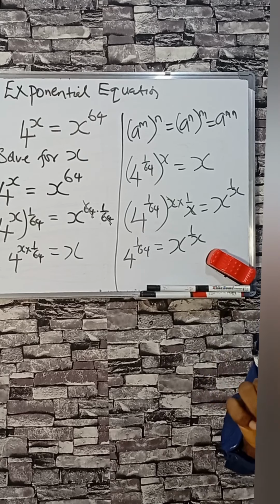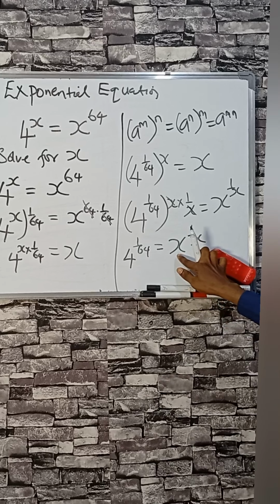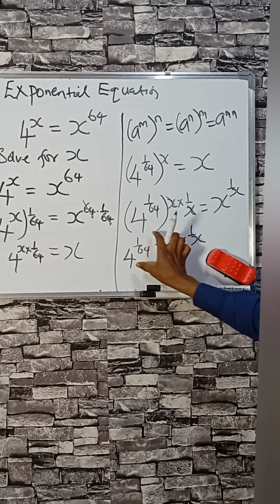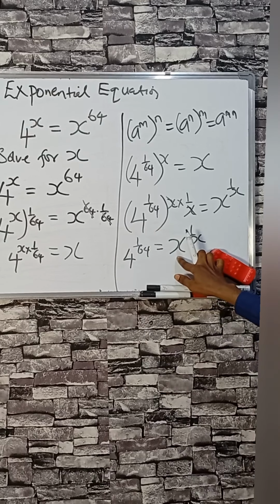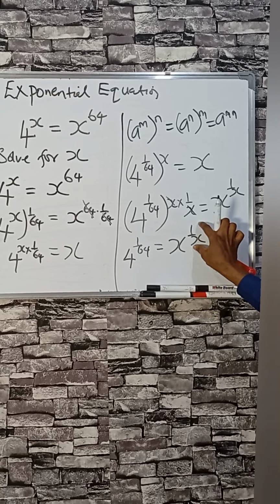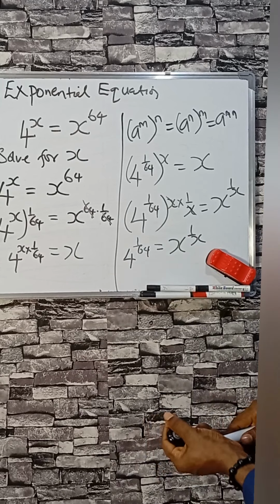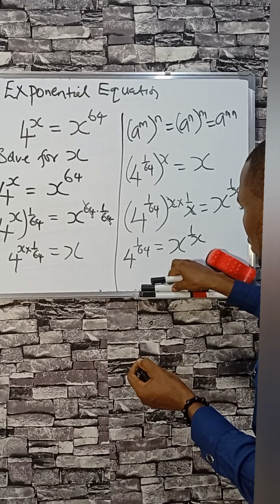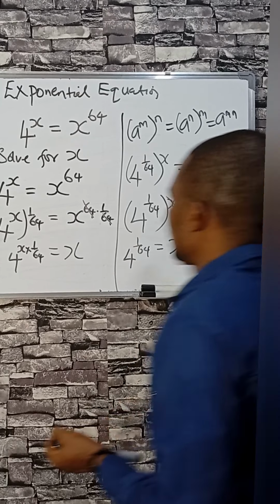We are looking at the situation where we have the same thing here and the same thing here. So we have the base and the inverse of the base on top as power. That is where we are going. So please follow me. Let's go.